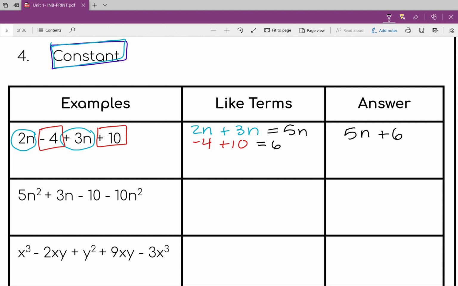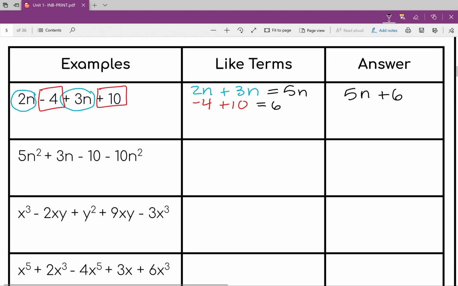Okay. Next example. I have 5n squared plus 3n minus 10 minus 10n squared. So my like terms here are 5n squared and -10n squared. Notice that my other ones that are left, my 3n and my -10, are completely separate.